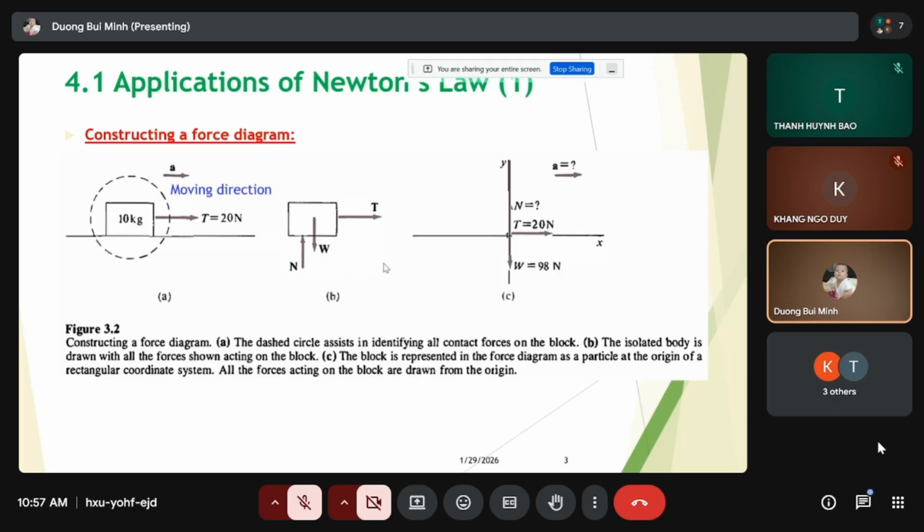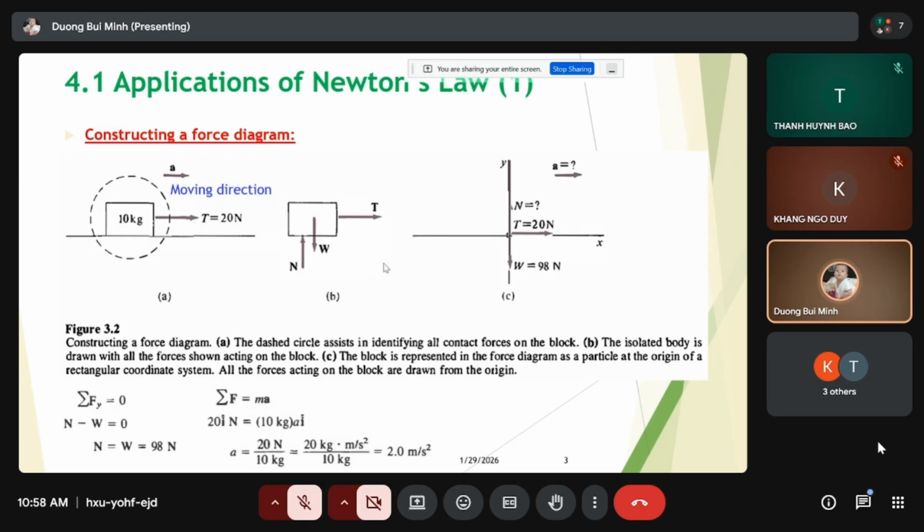We have gravitational force and normal force. Here we choose a reference coordinate: this is the x-axis, this is the y-axis. For the y-axis we have normal force minus gravitational force equal to 0 because ay is 0.